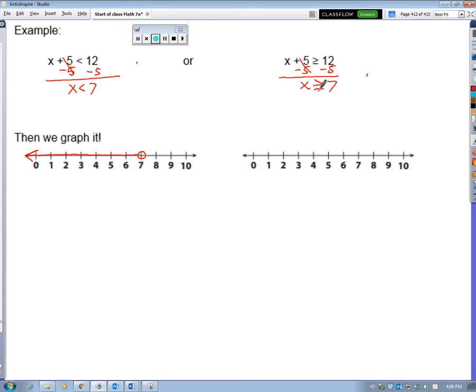And when we graph this one, since x is greater than or equal to 7, since it can equal 7, you're going to put a filled in solid circle on 7 because it could be 7, but we don't know. And it could be any number greater than 7. So I'm going to put an arrow to show it could be any of these numbers over here greater than 7. Alright? Simple enough. Let's try a few more examples and see what we got.